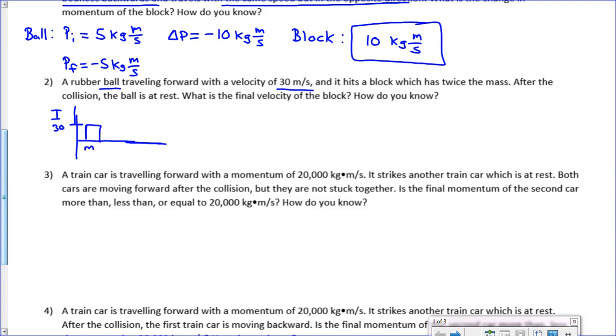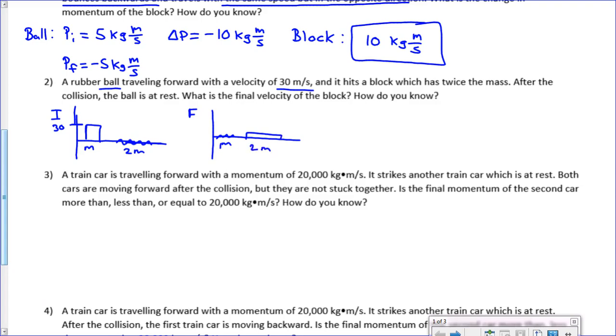I don't know what it was, but it was some mass, right? And then we had the block there, which has a mass of 2m, and it wasn't going anywhere. All right, for the final situation, what we've got is the ball, which has that mass of m, is at rest. All right, and then the block, which has a mass of 2m, is moving.